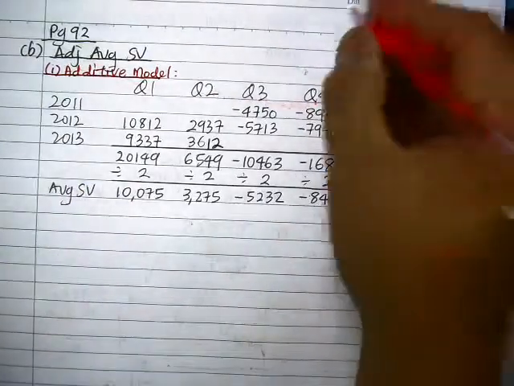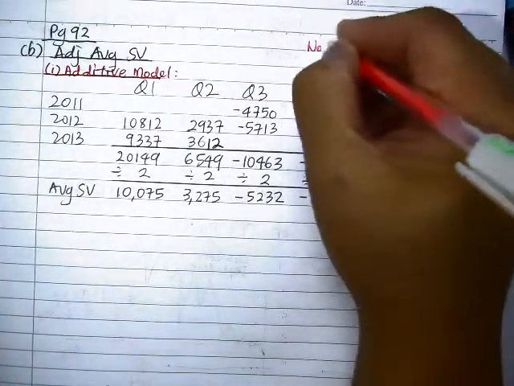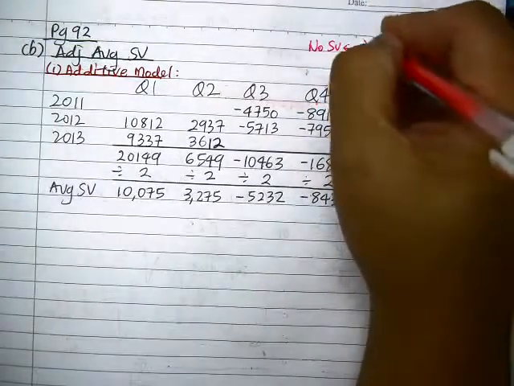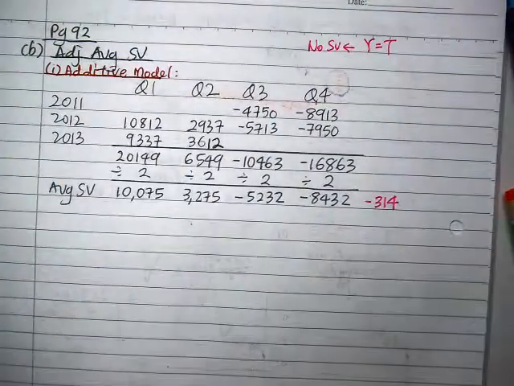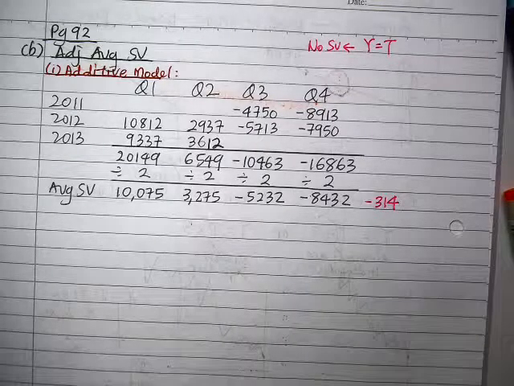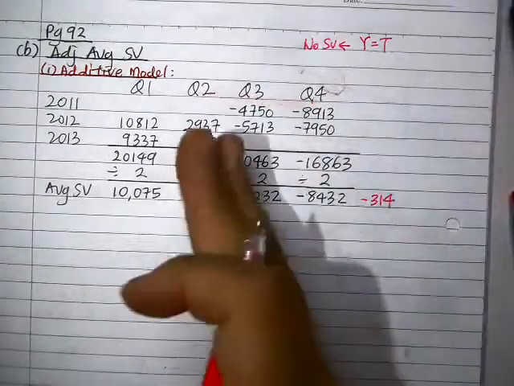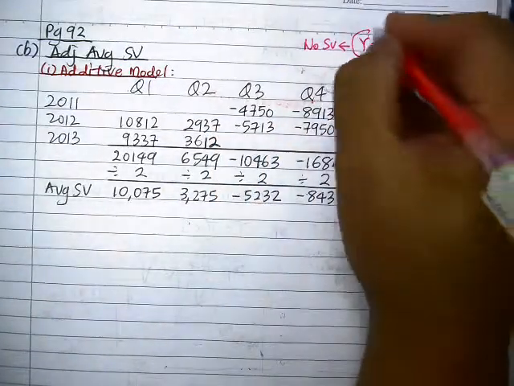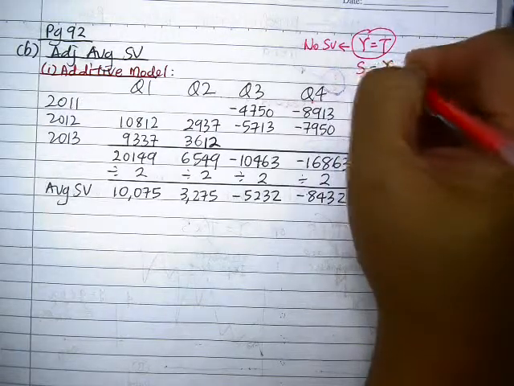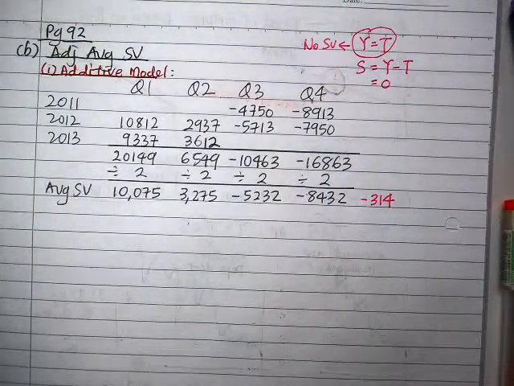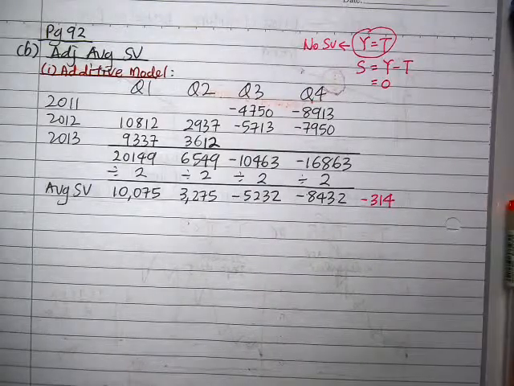Now when the effect disappears, if there's no more seasonal variation, what will happen? Y becomes T. There's no more S, it's just Y becomes T. So if Y is equal to T, then S must be Y minus T, so S must be 0. Mathematically, that's how we interpret it.